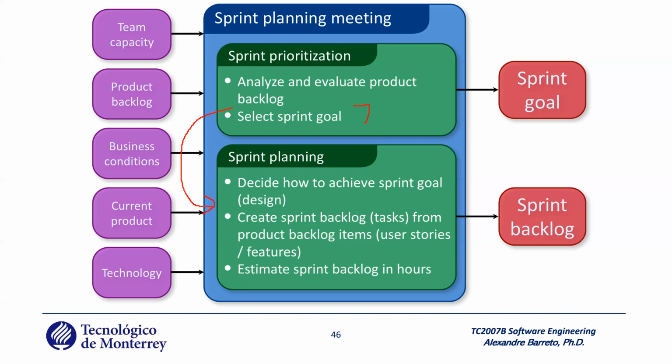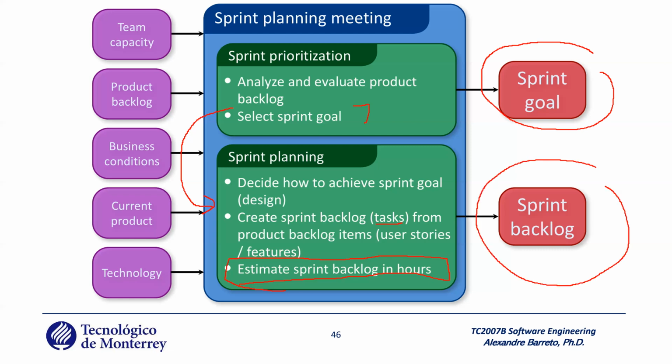Create the sprint backlog, in other words, the tasks from the product backlog items, from the user stories, and estimate the sprint backlog in hours or in story points. Okay, we use story points. In the sprint plan meeting, you need to do these two tasks: sprint goal and the sprint backlog.